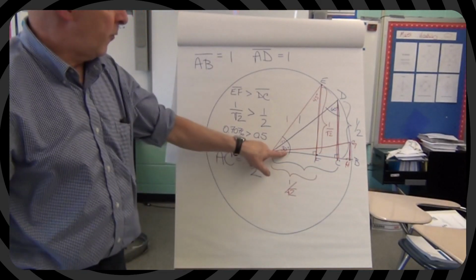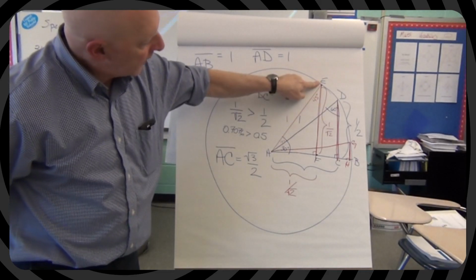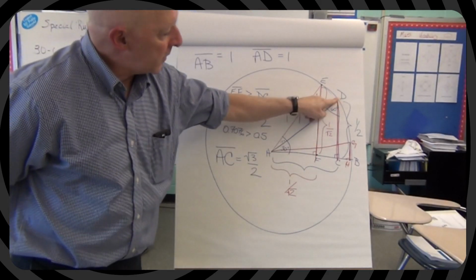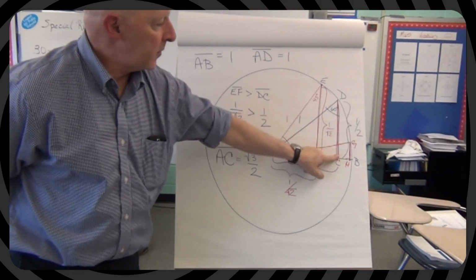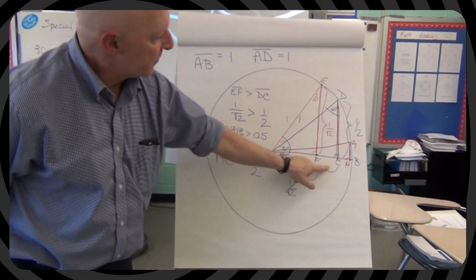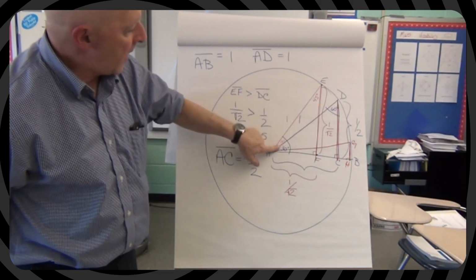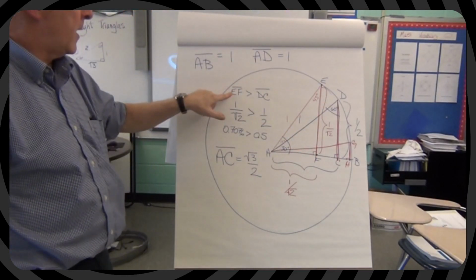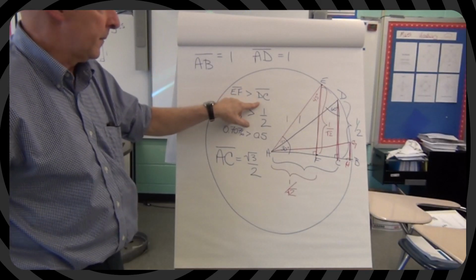And we know that the 45 degree angle is larger, therefore this side, which I've labeled as EF, is going to be longer than this side, which I labeled as DC. DC is the sine, or the opposite side, of the 30, 60, 90 triangle, which is here in blue. DC is going to be shorter than the side opposite the 45 degree angle, EF. So we can write it as line segment EF is greater than line segment DC.